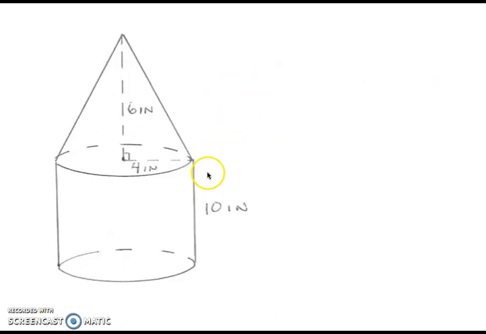Here's another example of volume. This one's similar to the ones that we did with prisms and cylinders. You have two separate shapes here. In one shape you have a cone, and in the second shape you have a cylinder. So you'll do two separate volume formulas and then you'll add them together. So for number 1, for the cone, you've got volume equals pi r squared times the height, just of the cone, which is 6.